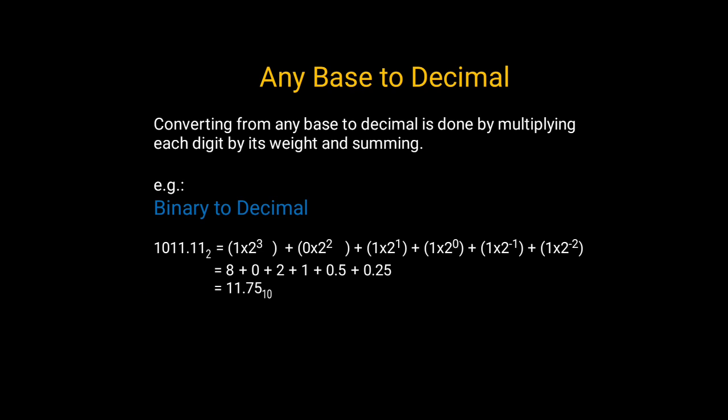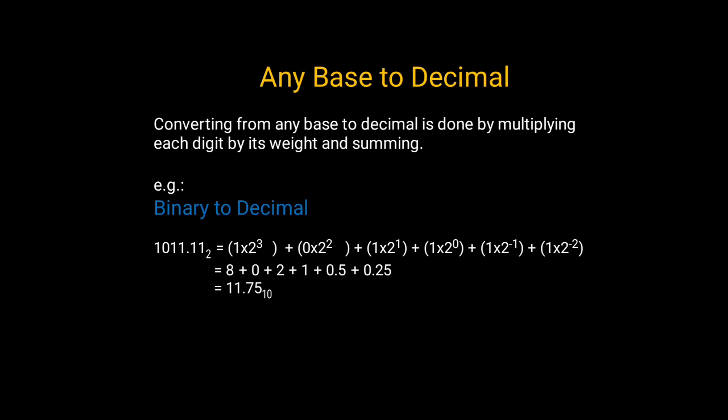See here, we have multiplied each digit by its weight. So 1 into 2 raised to 3 plus 0 into 2 raised to 2 plus 1 into 2 raised to 1 plus 1 into 2 raised to 0 plus, see here lots of students will get confused, but always remember, don't put the binary point here.